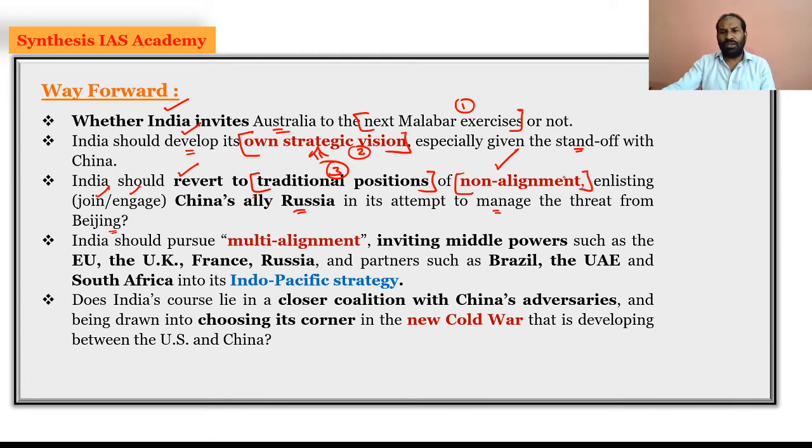Being non-aligned means you should not be closely associated with the US. But if we are part of the US and part of the Quad, then definitely India should go back. These are the measures of the way forward: to go back to the traditional position of non-alignment, to have friendly relations with Russia, and to counter China.